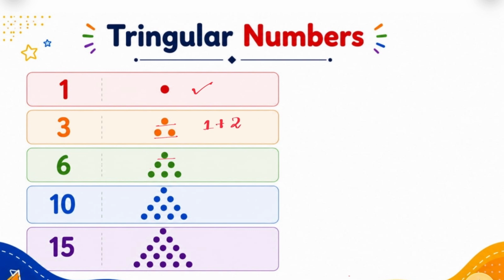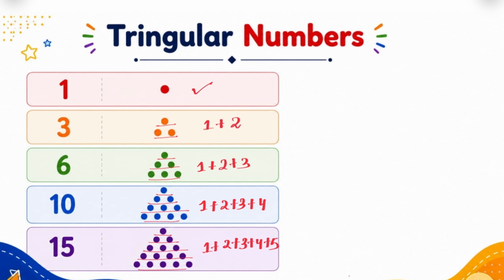And the next number is 1 plus 2 plus 3, so our next triangular number is 6. The next triangular number is 1 plus 2 plus 3 plus 4, which equals 10. And the next is 1 plus 2 plus 3 plus 4 plus 5, and it's 15.